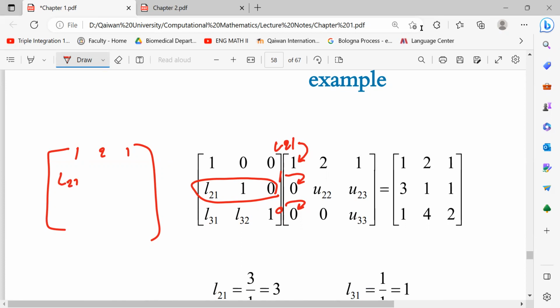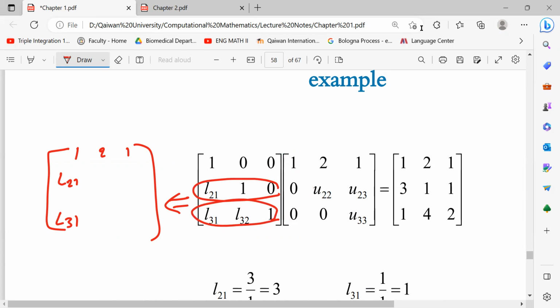Then, multiplying this by the first column, we get L31. So it's 3, 1. This is the multiplication of these two, and this is the multiplication of these two.